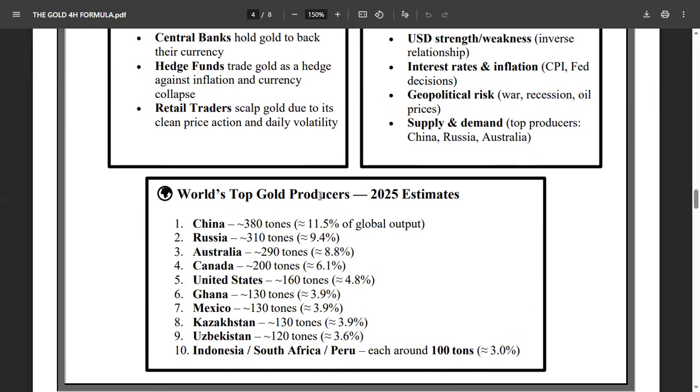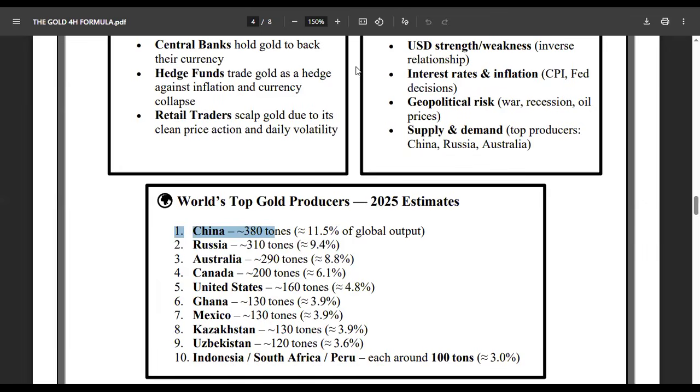Right now, the world's top 10 producers of gold are these ones. The number one is China. Now, let me ask you guys, China is in what session? Somebody say Asian session.